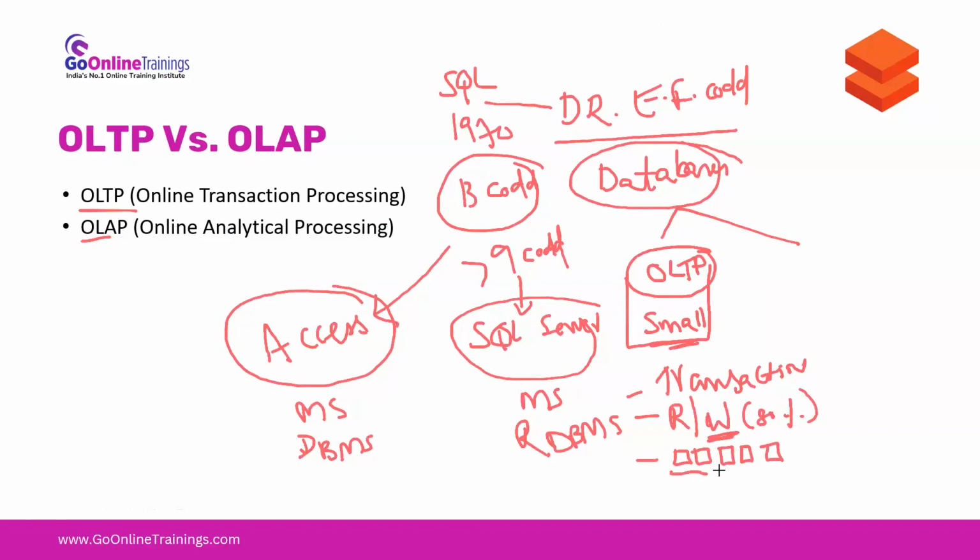So all the data, maybe customer data, sales data, orders data, category data, all the tables are going to be created here, and many tables we are going to create inside OLTP databases. And this kind of thing is called normalization. Clear? Splitting the data, storing the data into small tables is called normalization.